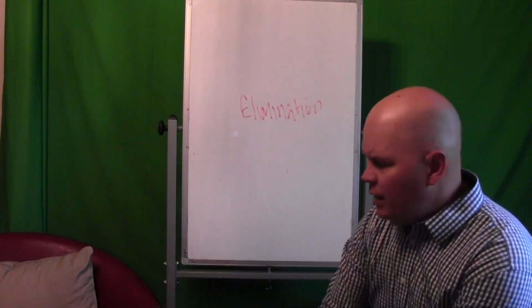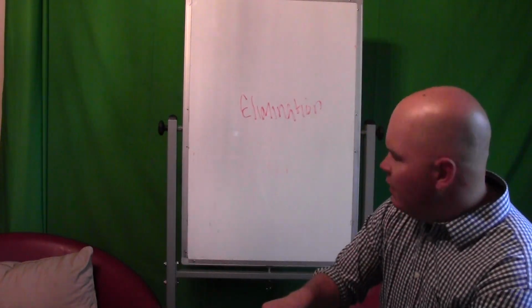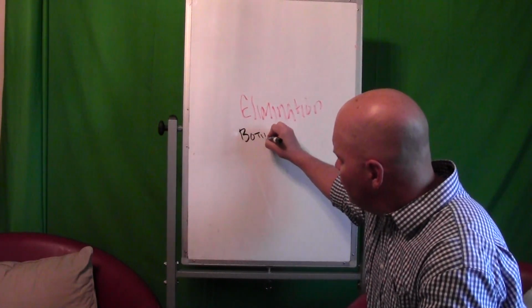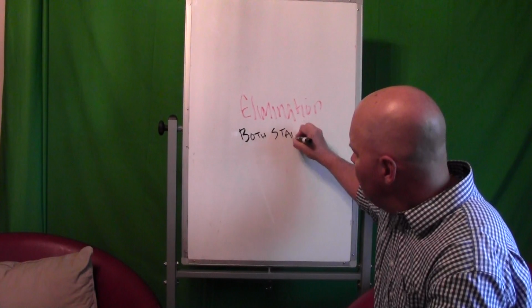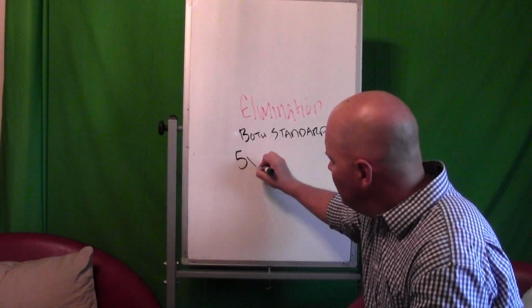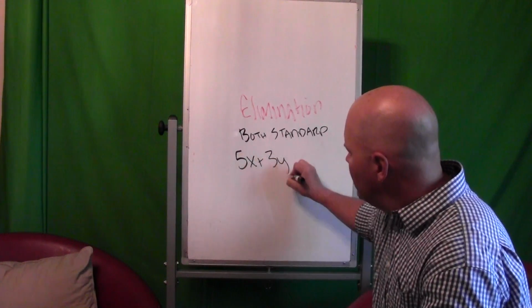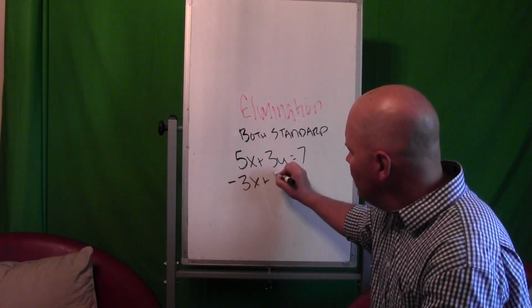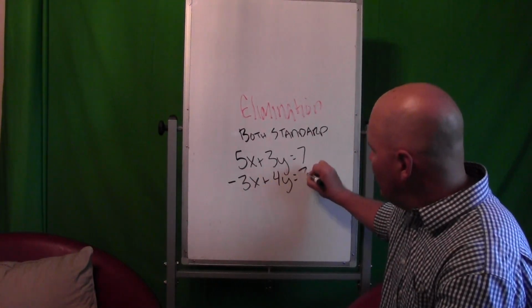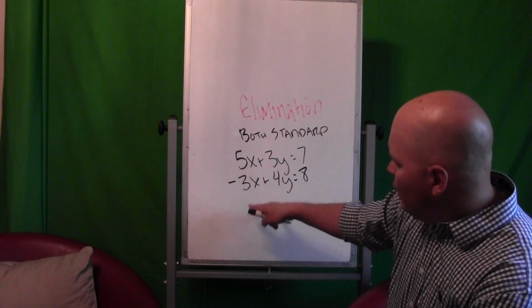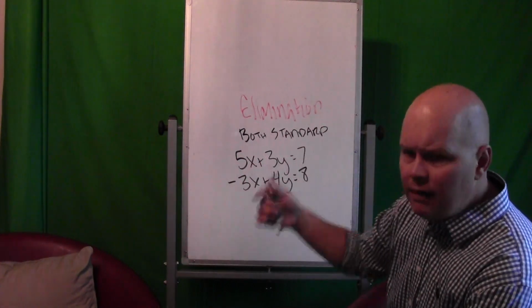In the elimination method, the way we would solve is if both were in standard form. So we're going to say both standard, which means both equations look like this. All we're doing is looking for a way to eliminate one of these values, so they both have to be in standard form.